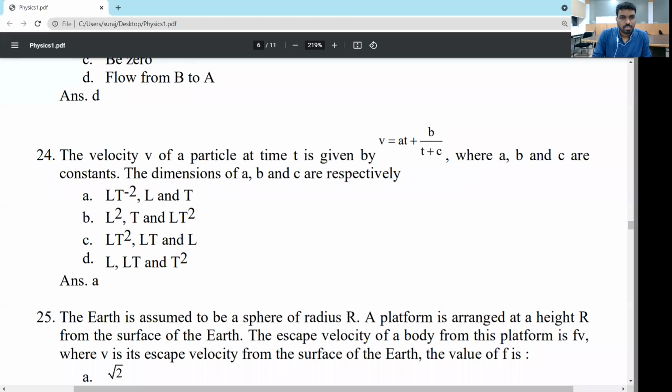So velocity is given as v equals at plus b by (t plus c). Here the dimension of c will be time only, since it is being added with time. So we can say option A is correct. Question 25.